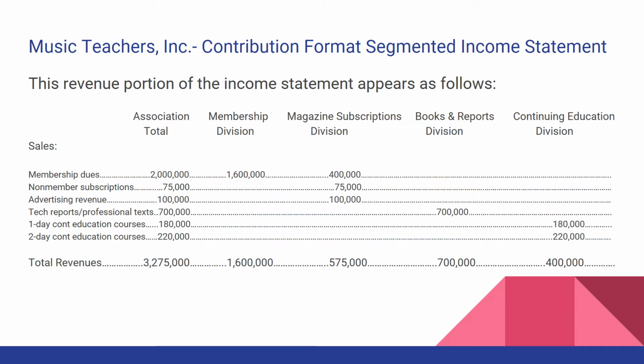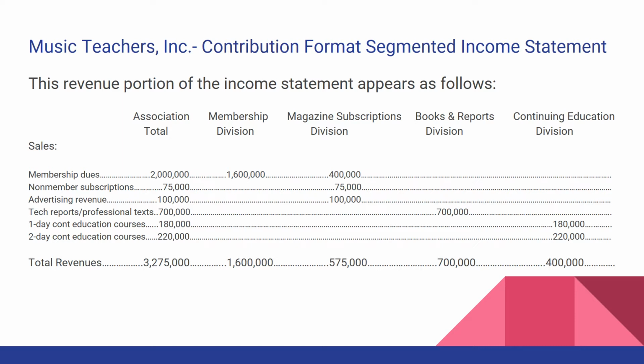Now we're going to break that up some, because they did mention that $20 of each $100 membership due should be applied to magazine subscriptions. So if we start with the membership division, we'll take $80 of that $100 membership due and multiply that by the 20,000 members.